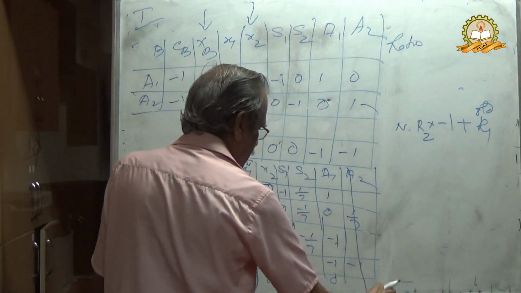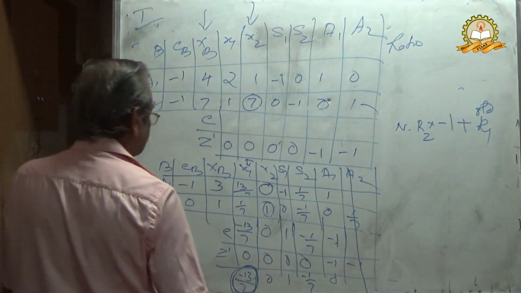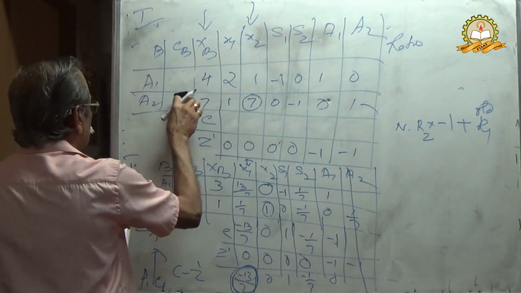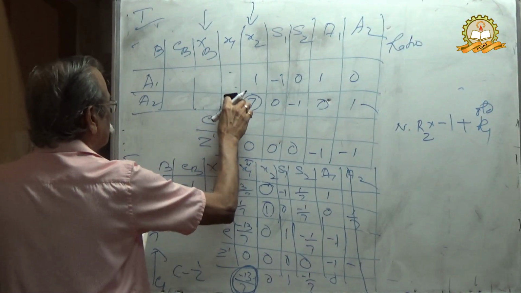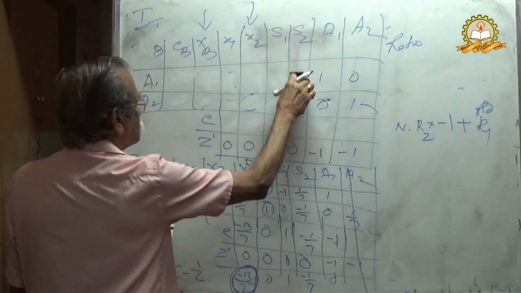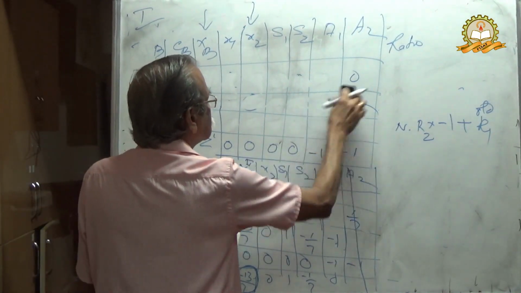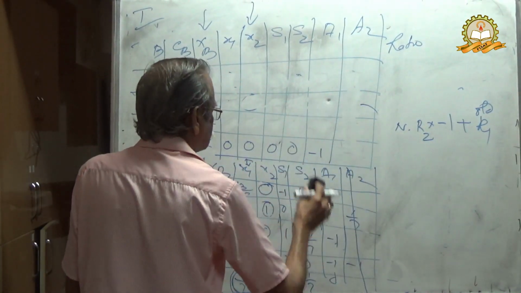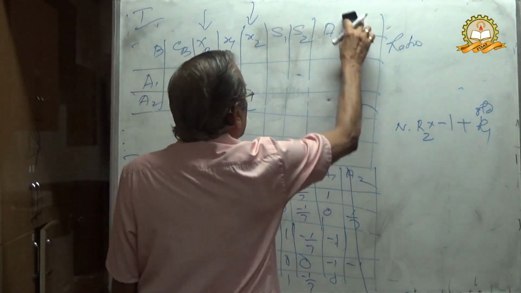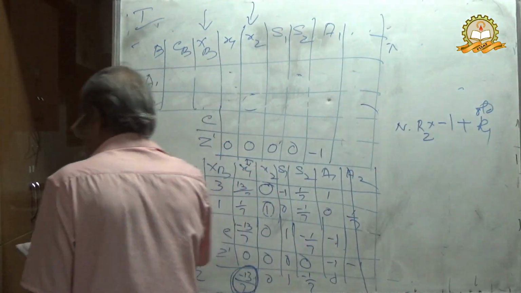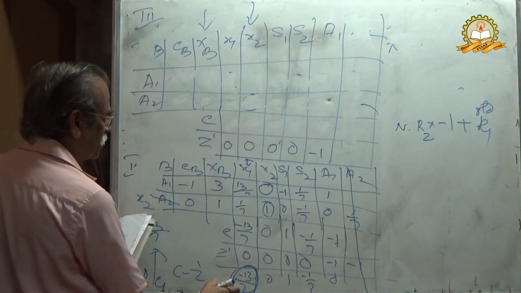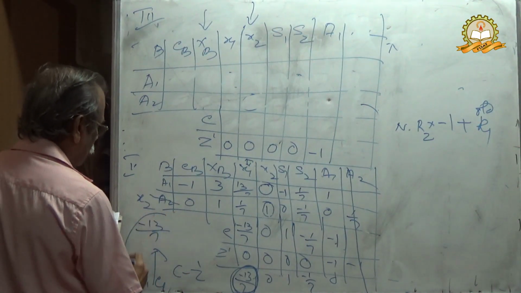Therefore, you can draw another table, the third table. You have chosen negative 13 by 7 as the pivot column.